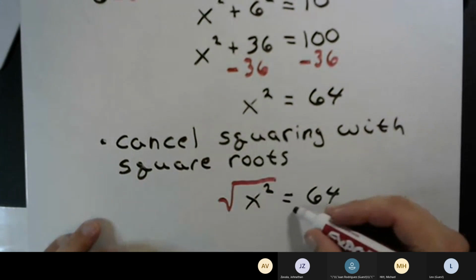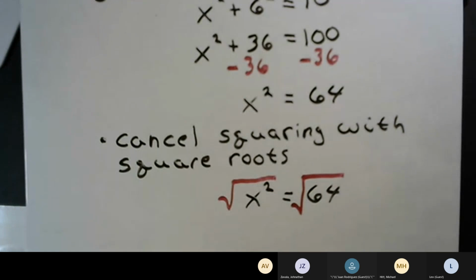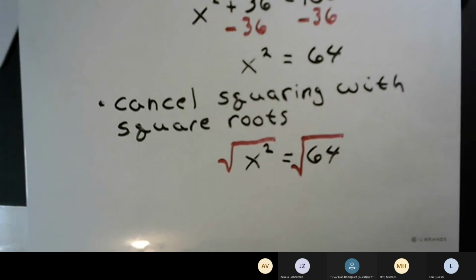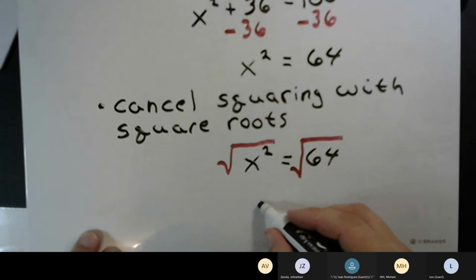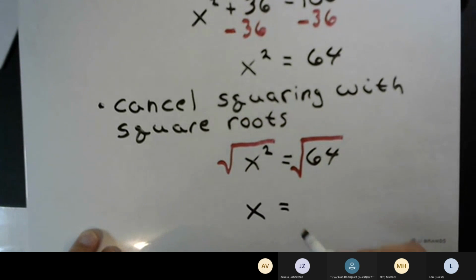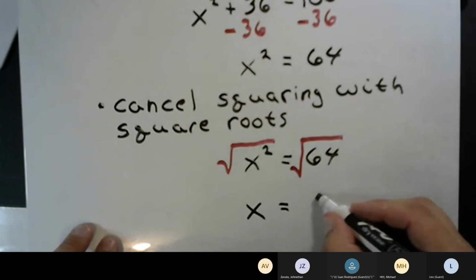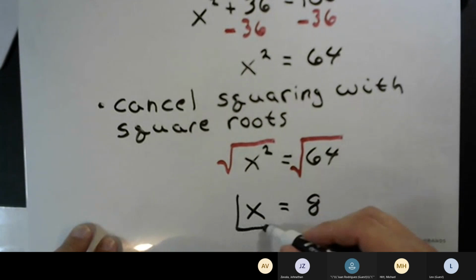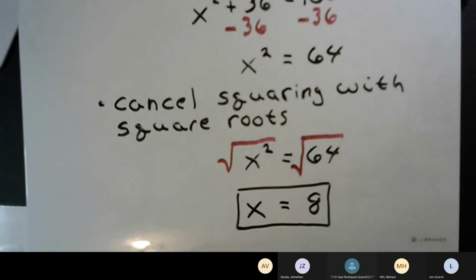But what we do to one side, we have to do to the other. So that leaves us with the x, and the square root of 64 is 8. And that's going to be our answer. Questions about that?